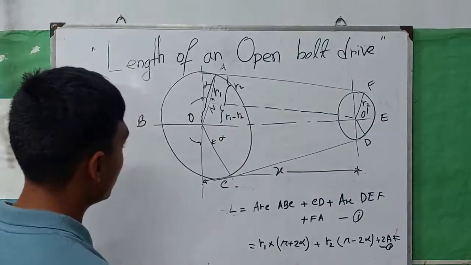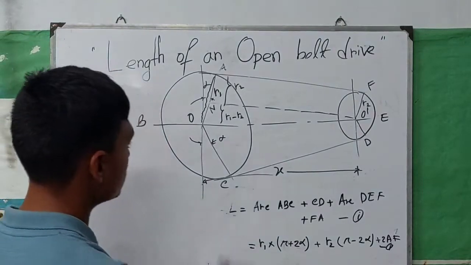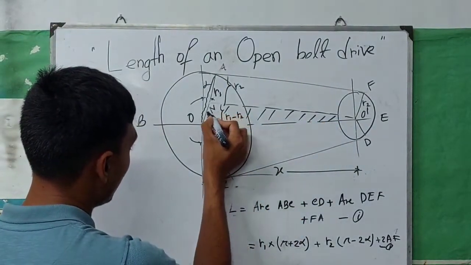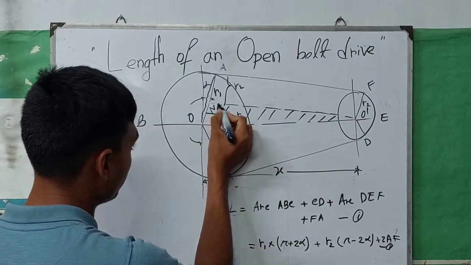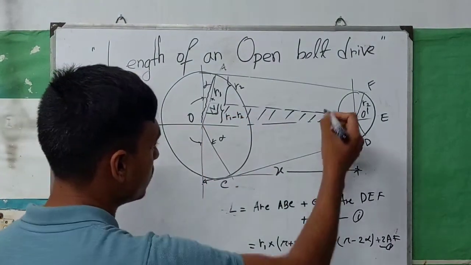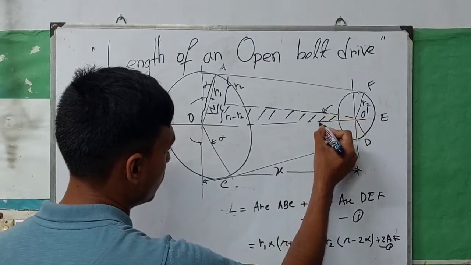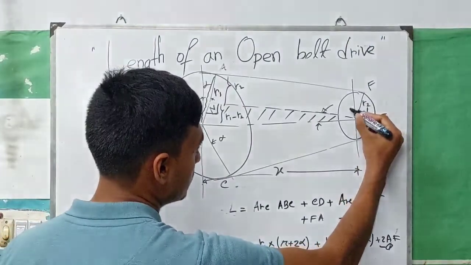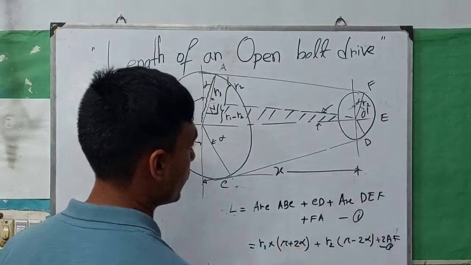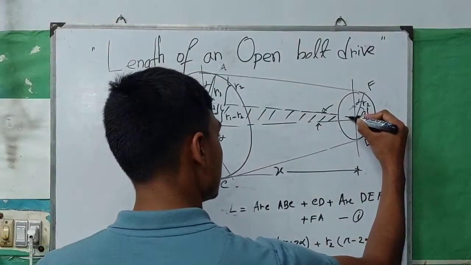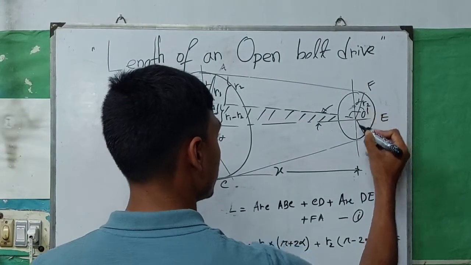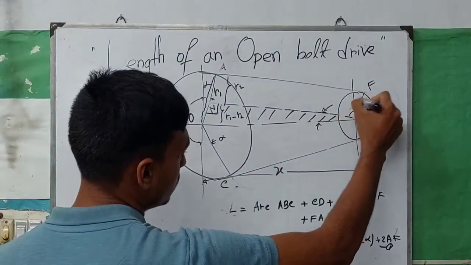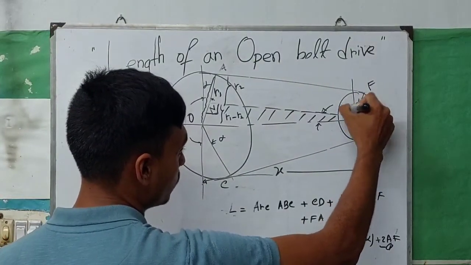So if we specify this region, this angle is 90 degree, but we still do not know the amount of this angle. It is very simple: this angle is alpha, and the total angle is 90 degree.